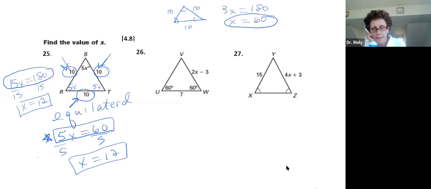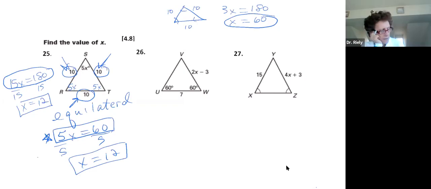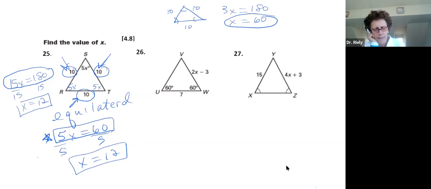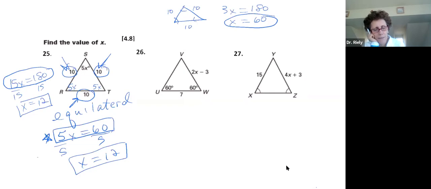So that brings me to Charlie. Back to you, 26. What do you think? I got 87. How did you get 87? Yeah, I was kind of confused on that one. So tell me what your thoughts are. What kind of triangle is that? So the degrees is 180, right? Uh-huh. So what's the top angle going to be?